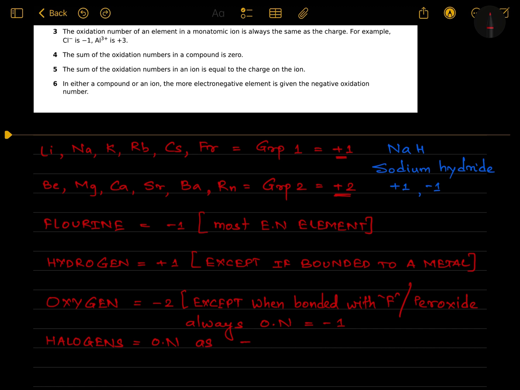Sorry, my bad. Halogens have an oxidation number of -1. Obviously, it depends on whom they are bonded to. Like if fluorine is bonded to chlorine, fluorine has no other option, it has to have -1, so chlorine would gain +1. You would come to know as and when we do the examples.